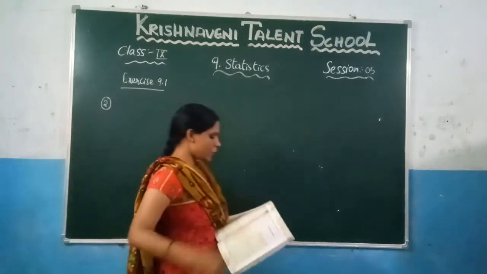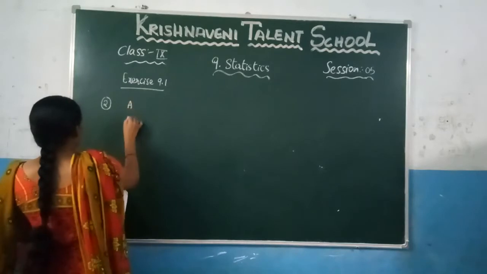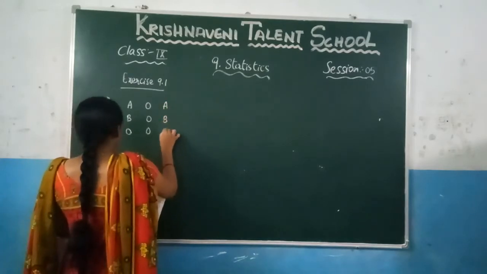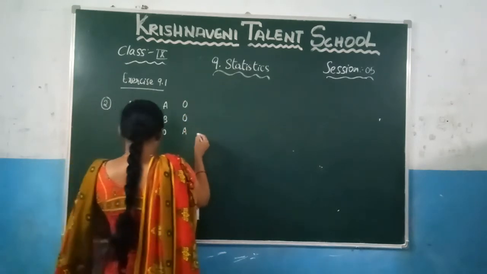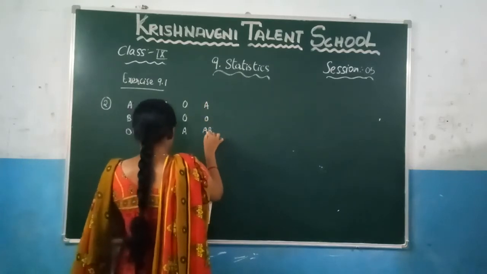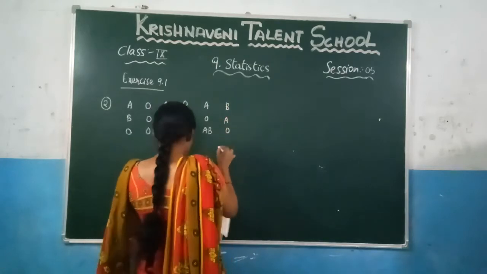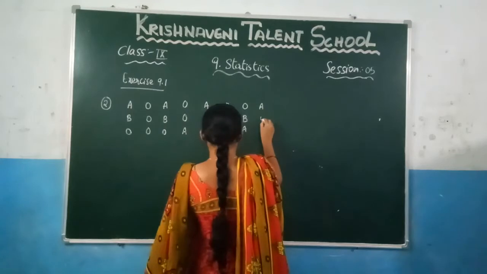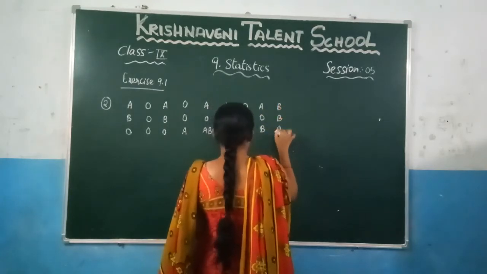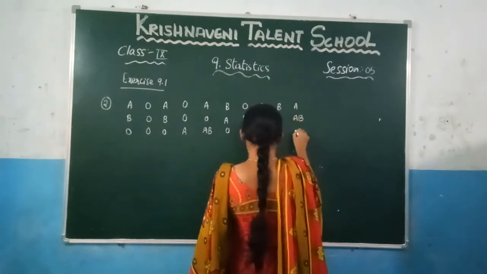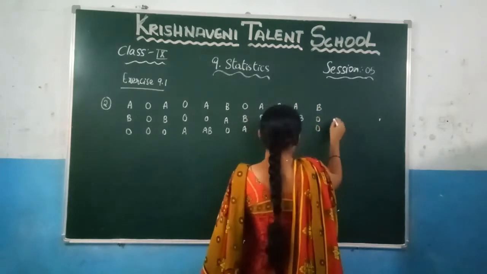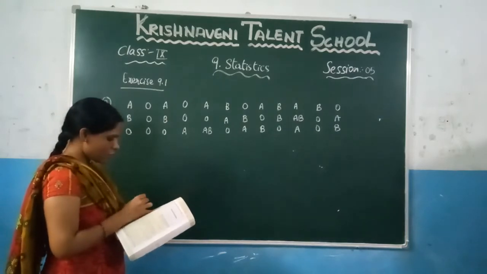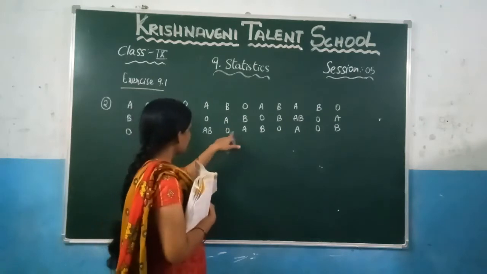Here, what is given? The blood groups of 36 students of 9th class, they have given like this: A, B, O, again A, B, O, D, A, O, and the next one they have given as O, B, A, again A, B, O. Here we have 12 columns, and 1, 2, 3, 4, 5, 6, 7, 8, 9, 10, 11.